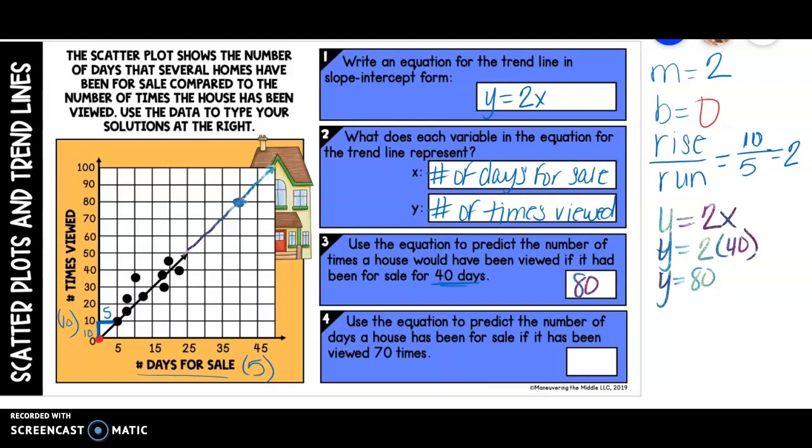Number 4 says use the equation to predict the number of days a house has been on sale if it's been viewed 70 times. So now we're looking at how many times it's been viewed, which is our y-axis. We have our equation, y equals 2x.